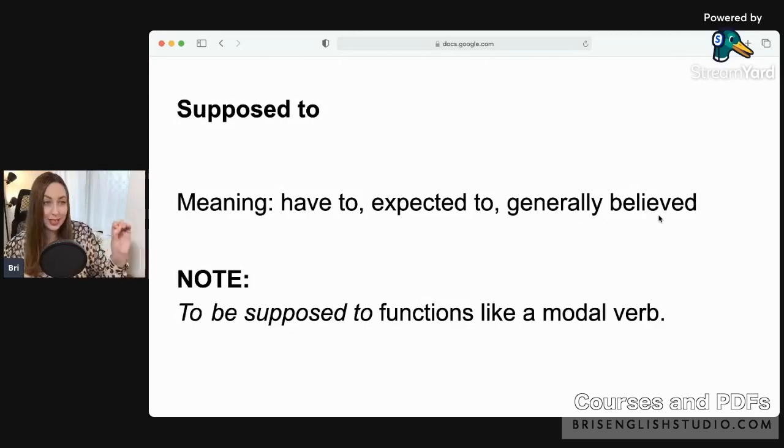We're going to dive into each meaning. But just a note that to be supposed to, similarly to have to, functions like a modal verb. There are several kinds of modal verbs. And similar to have to, this is kind of like an obligation, right? When we use have to.